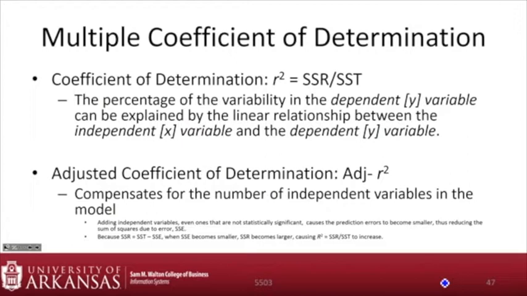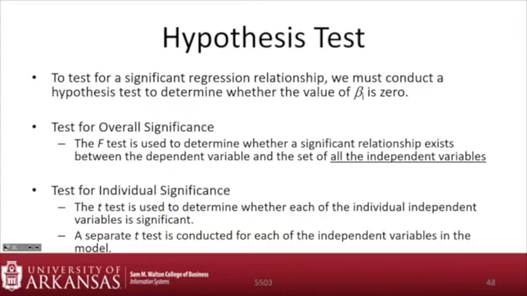So our R squared is going to increase whether it should or not. So just by adding a variable, any variable you want to, you're going to increase your R squared. So the adjusted R squared takes that into account. So that's what we're going to focus on.